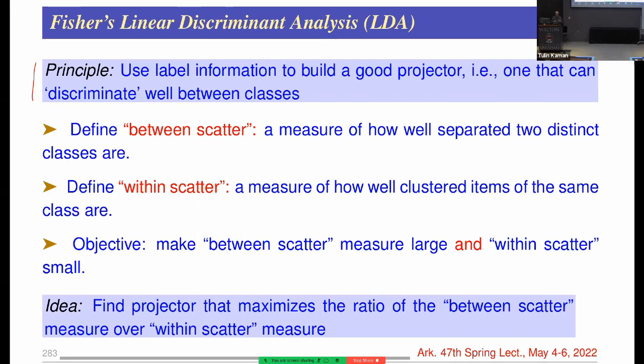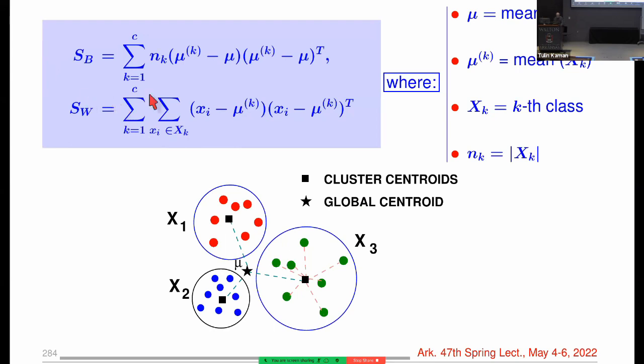Then you would like to define a projector that does the following. You'd like the between scatter to be large, so classes are well separated, and within the class you would like the items to be nicely close to each other, so clustered together. To do that, you define these two matrices. The mu k's are the centroids of each class.